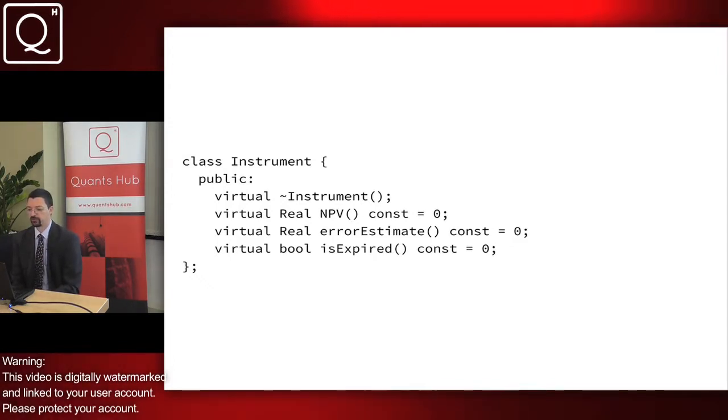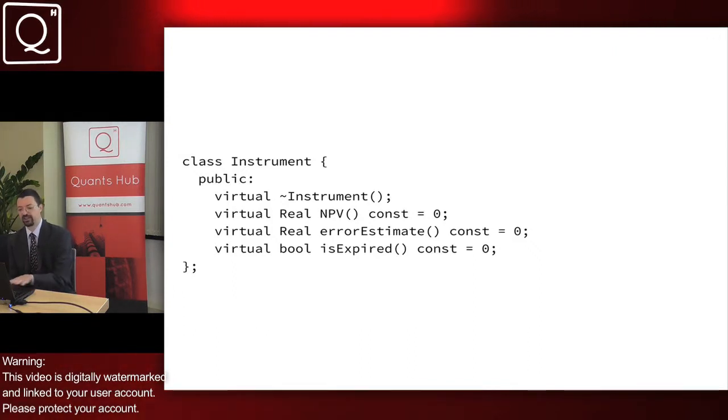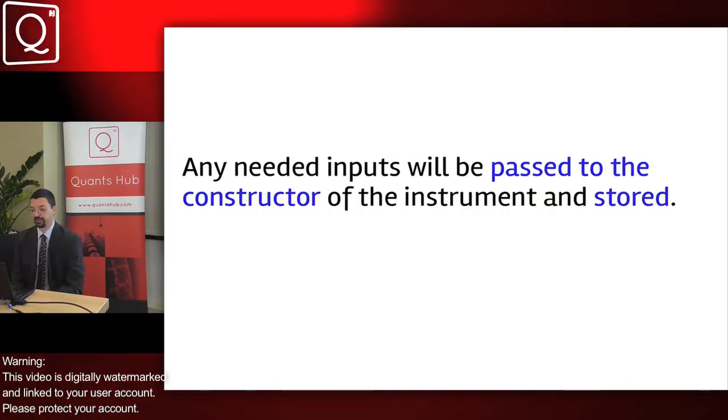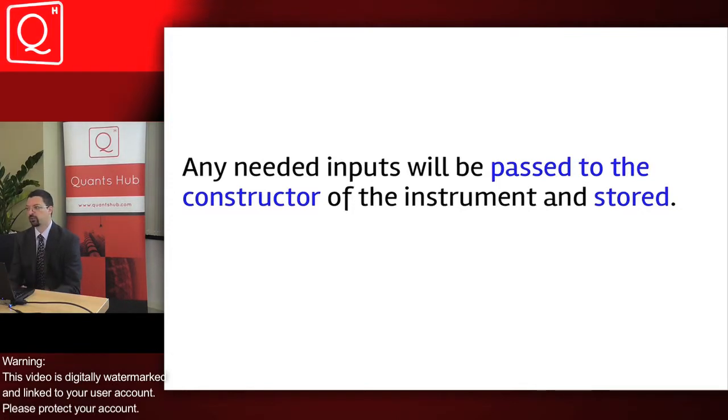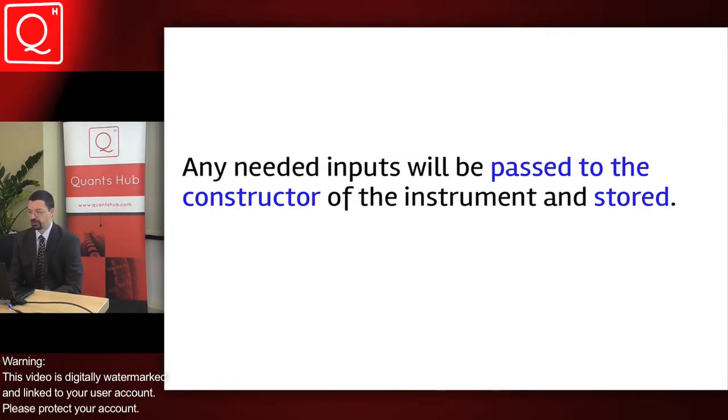So what we can do is define the method as not taking any arguments, and rely on the fact that any needed inputs will be passed to the constructor of the instrument when it is created and stored for later use by the method. So this, of course, can work.